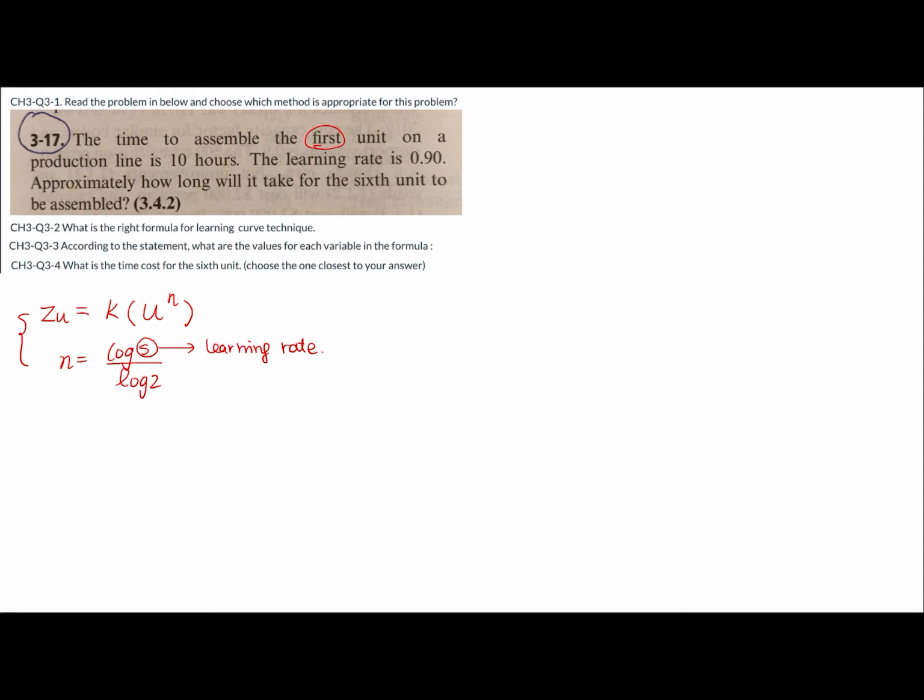Based on the statement, we know the time cost for the first unit, K, is 10 hours. And the unit you want to solve for, you want to know the time cost for the 6th. So your u is 6. And your n is log of the learning rate. In our case, the learning rate is 0.9, so log 0.9 over log 2.